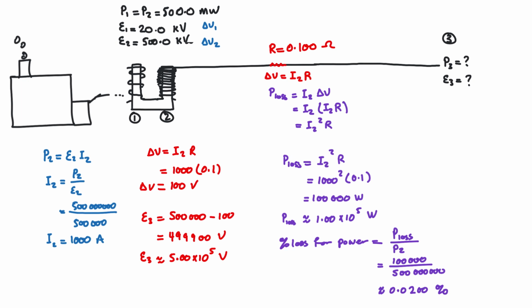And the reason for that is we are reducing the current here. When we reduce current, that means the amount of electrons that are going back and forth, in this case we have AC current, are going to reduce. And as the amount of electrons that are going back and forth reduces, or even if their speed is reducing, that would mean that there is less collisions of the electrons with the lattice structure of the conductor within the wire per unit time.